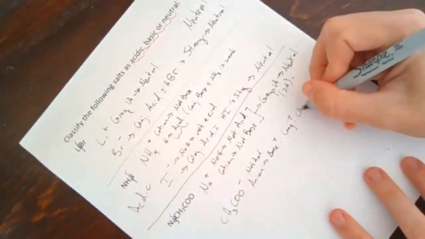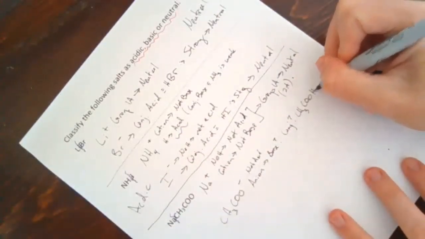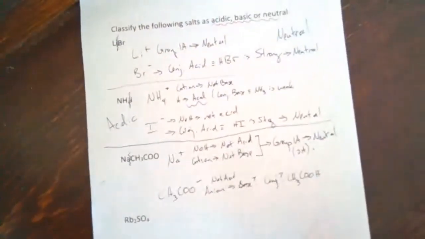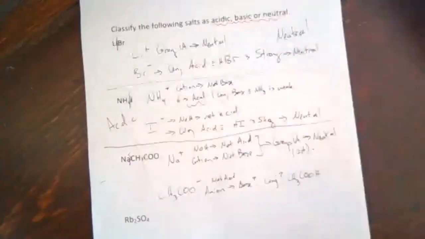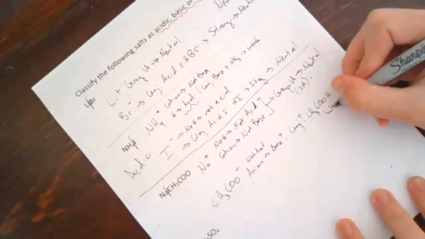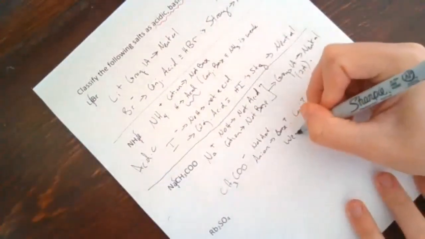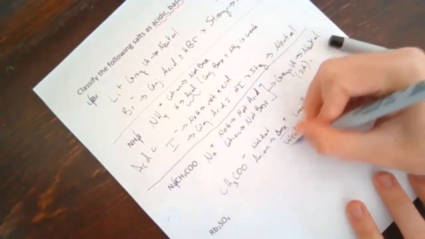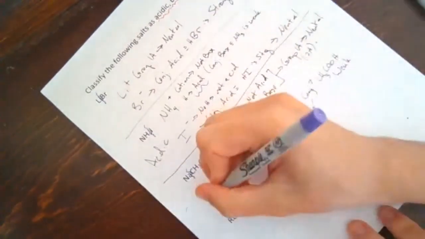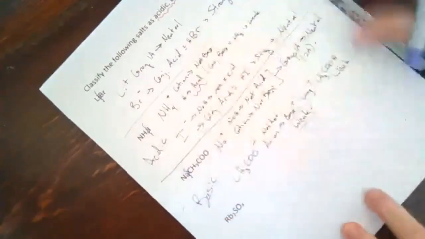The conjugate is CH3COOH. We've seen that before. That is acetic acid. Acetic acid is a weak acid. This is weak, which means this thing is a weak base. So yep, this thing's a base. Acetate is a base. This is a basic salt.